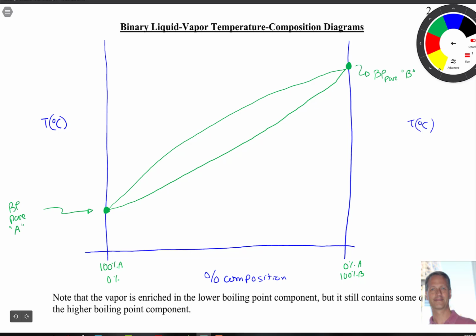But let's say, for example, that we start off with a composition of 90% B over here, 10% A. So this is what's inside of our flask, the round bottom flask or whatever we have. We have our setup, like our microscale setup, and we start to heat.